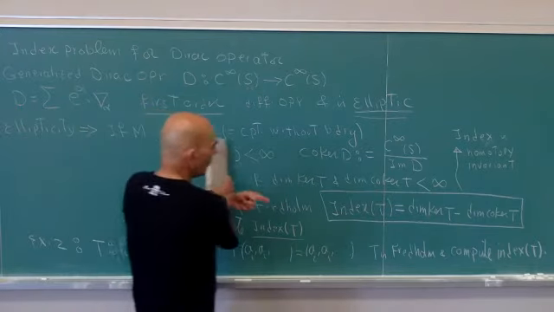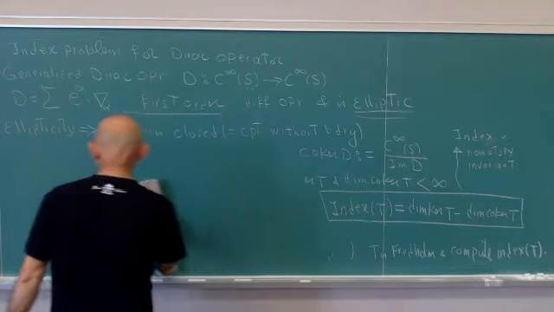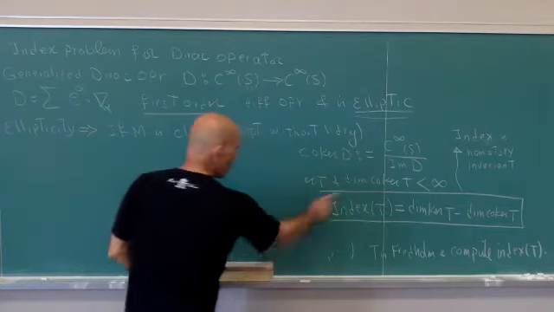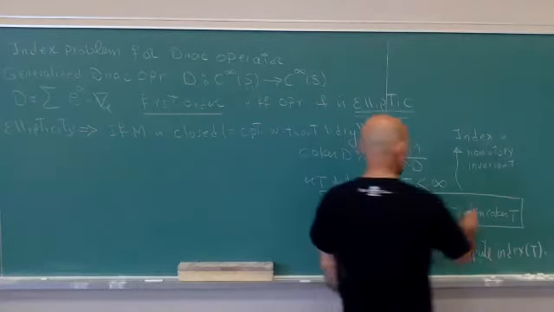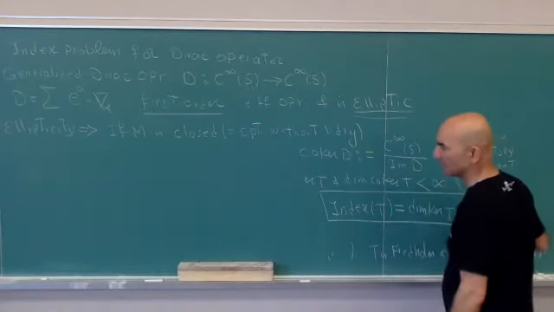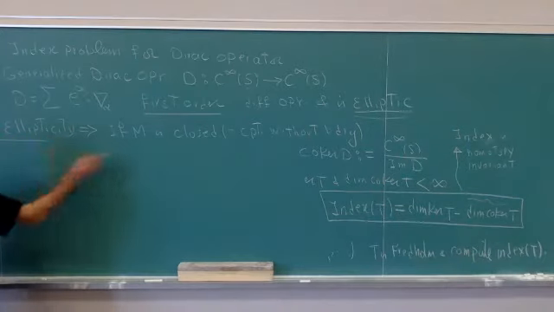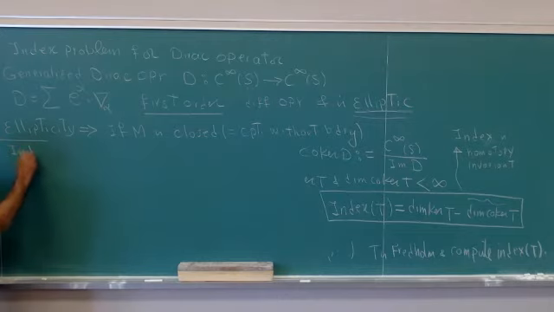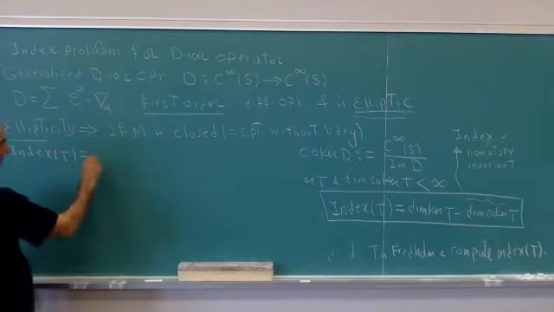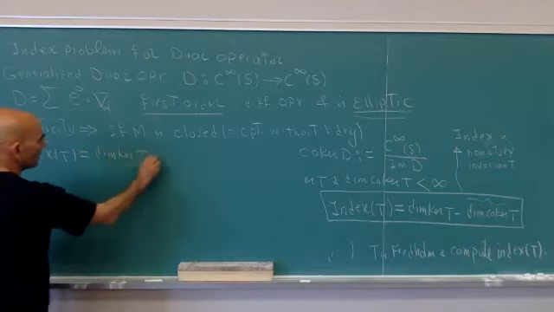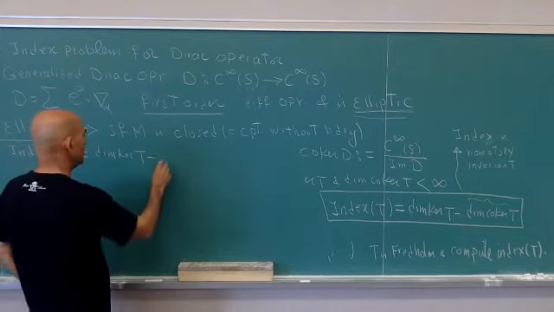By the way, one remark I should make here is that the dimension of the cokernel can actually be replaced by the dimension of the kernel of T star. So the index is equal to the dimension of the kernel of T minus the dimension of the kernel of T star, right?